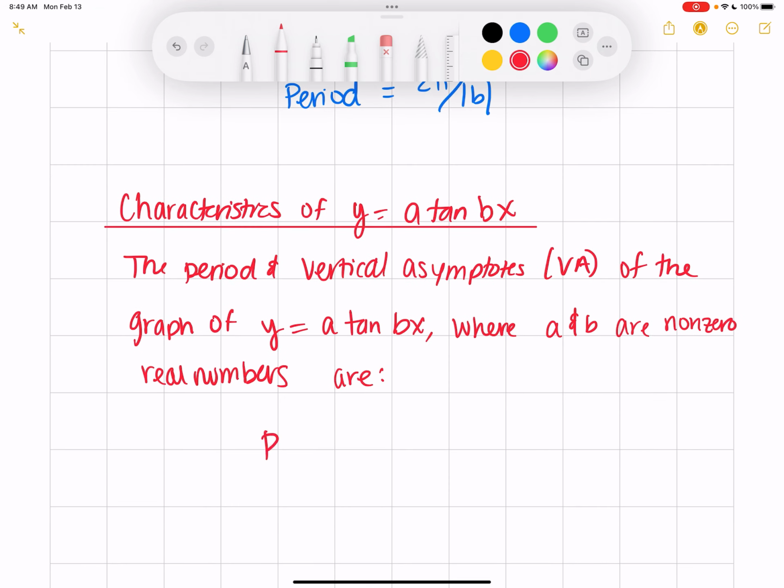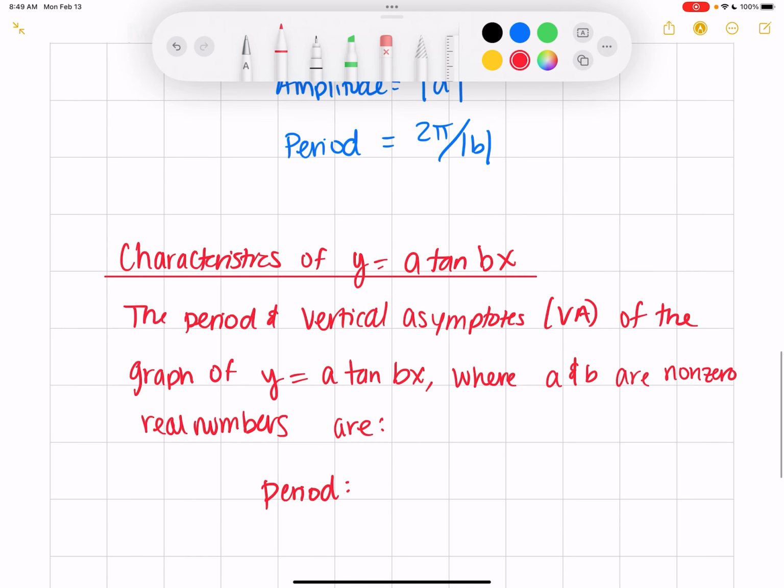and so the period, it's a slightly different formula than before. It is pi over the absolute value of b. So it's different in that it's not 2 pi, it's just pi. And then the vertical asymptotes are at odd multiples of pi over 2b, with b being the absolute value again.